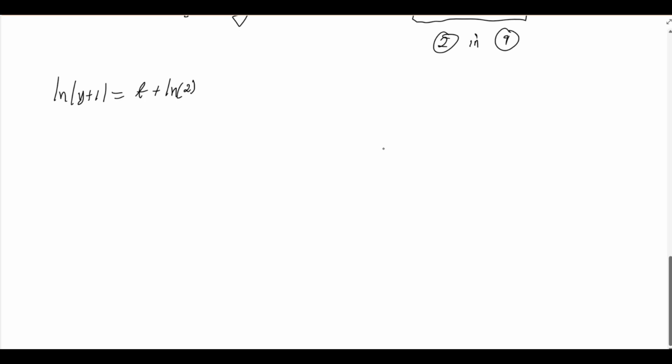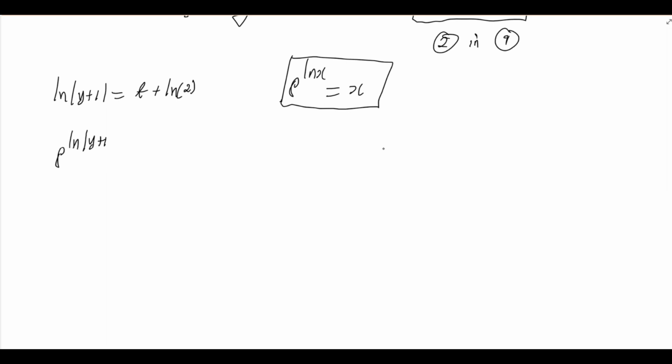So we're going to take the inverse natural logarithm. We know that e to the ln of x should be x. This is a theorem, or a law you should know when dealing with logarithmic functions. So in this case, we're going to take the inverse log on both sides. So it will be y plus 1 equals e to the power t plus ln of 2.